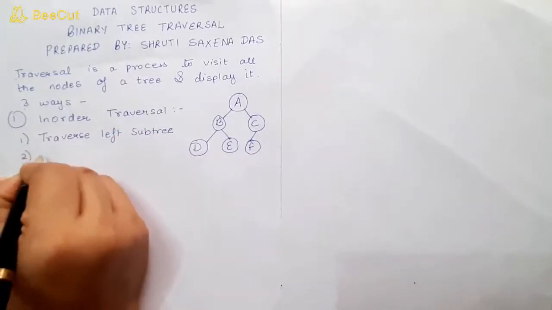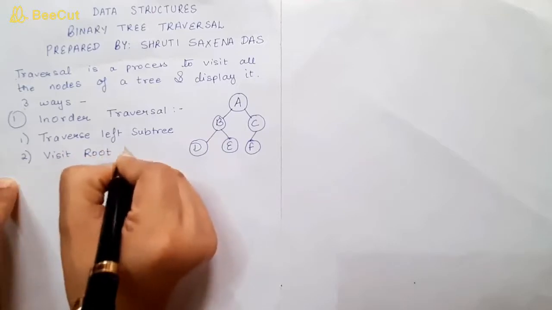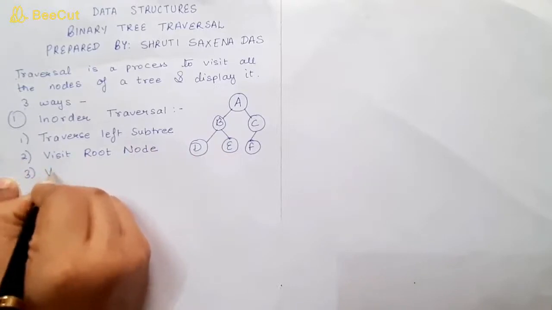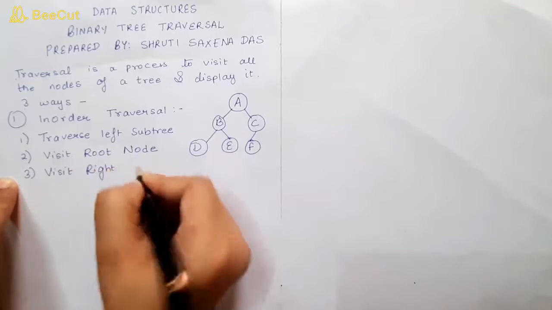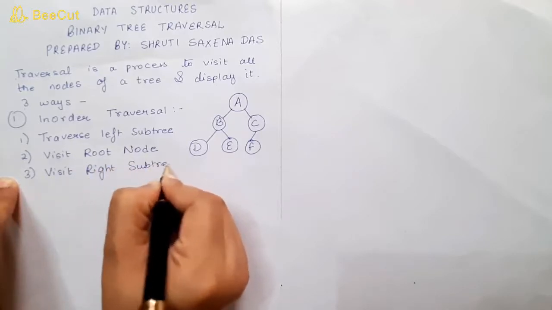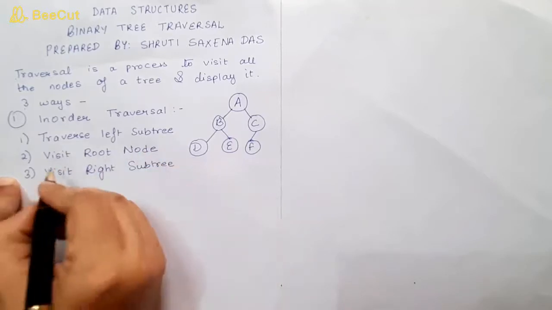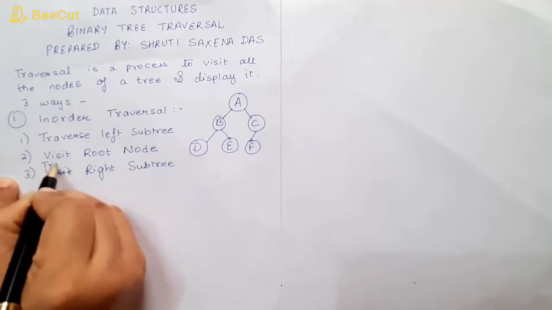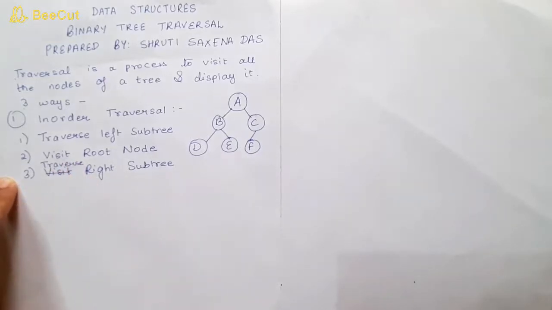After that we visit the root node, which is A in this case, and then we move on to the right subtree. Not exactly visit. Visit is used only for a single node, like the root node. When we are talking about a whole subtree, we say traversing the right subtree. Okay, so we'll start with this.